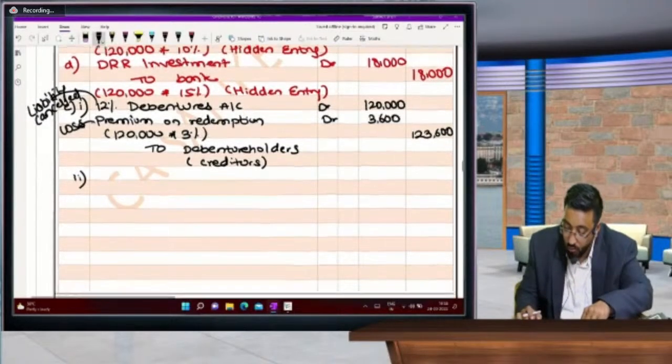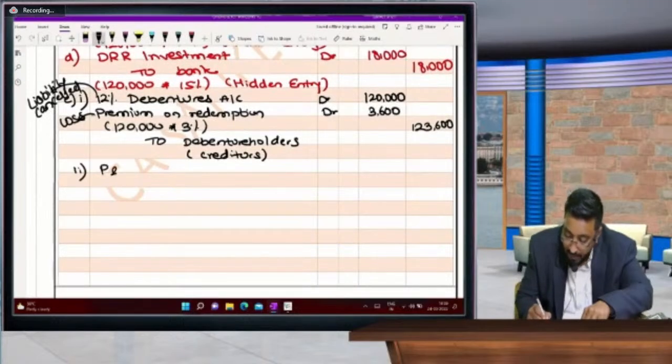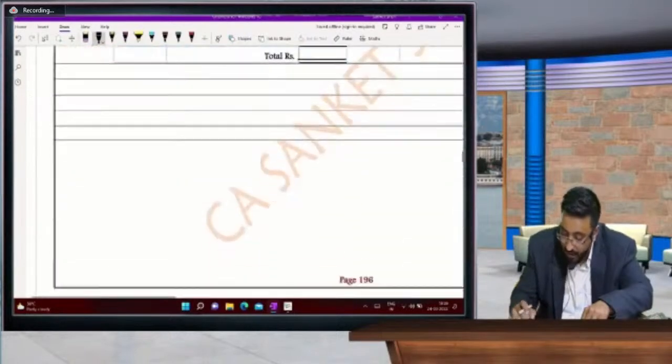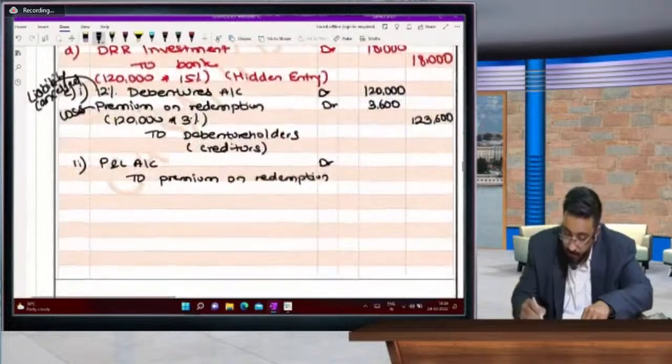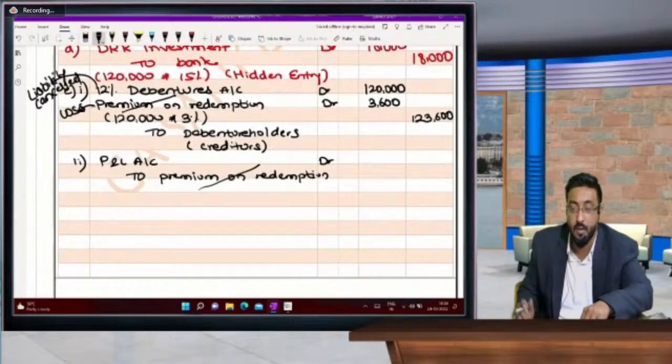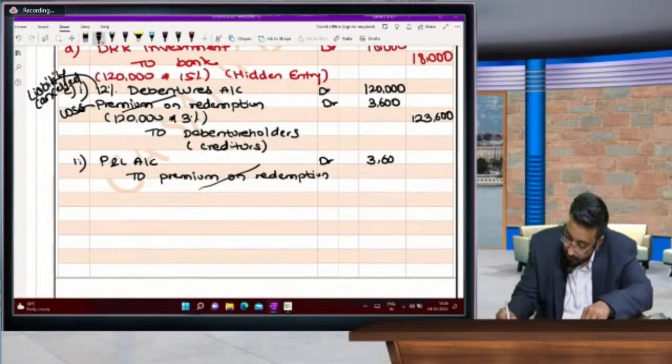Roman 2, P&L account debit to premium on redemption. Loss transferred, my friend. Loss is getting cancelled. 3,600.